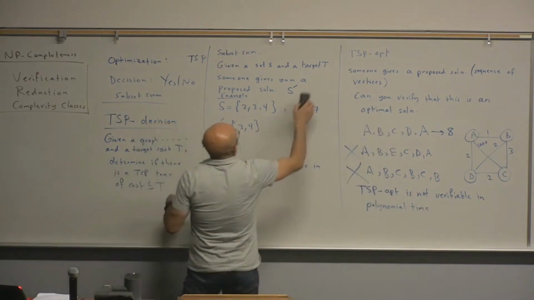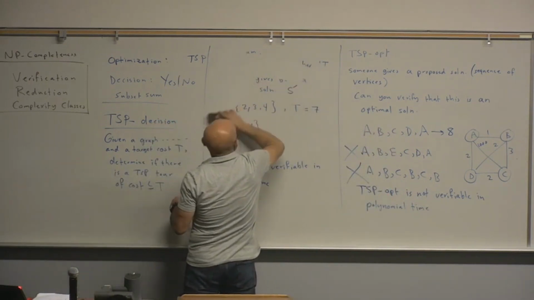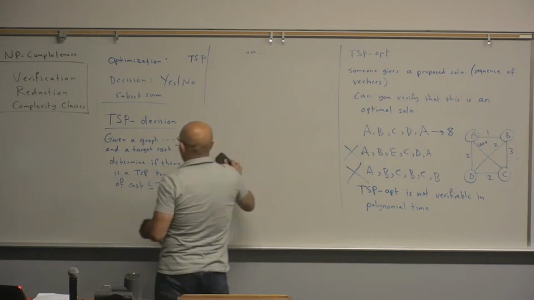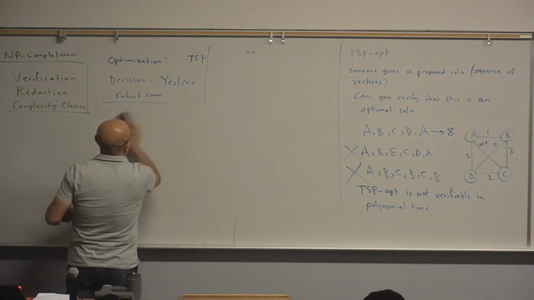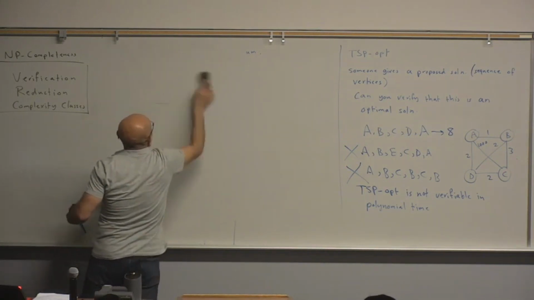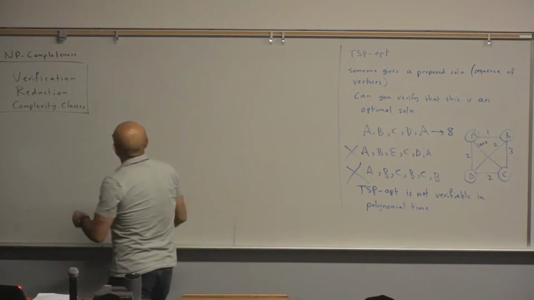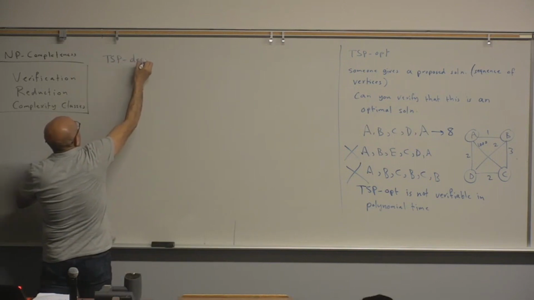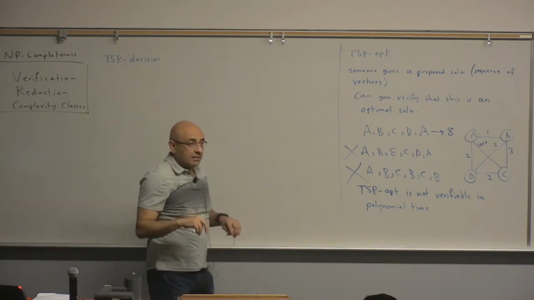Now, what about TSP decision? Now, if we switch to TSP decision, the decision version of the problem, so you are given a graph and you are given a target.